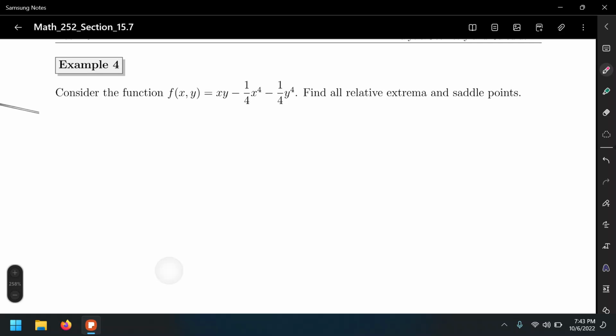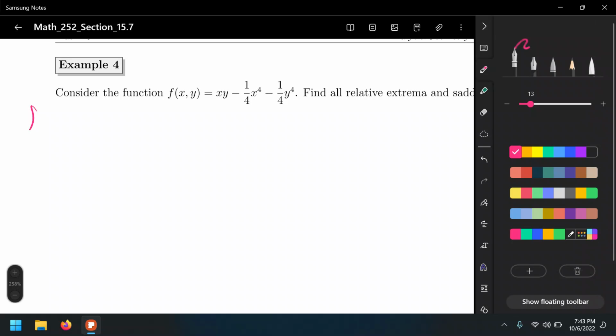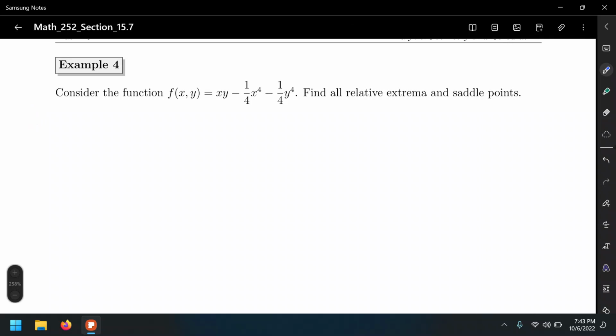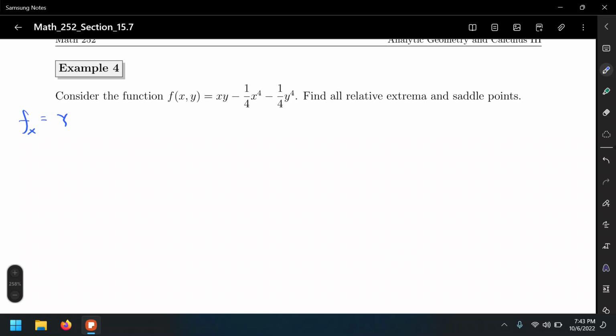Okay, so let's find the first partial with respect to x. What's the derivative of the first term with respect to x? y, all right. And that's going to be minus 4/4, that's 1, that's x cubed. And that term is going to get zeroed out, right?